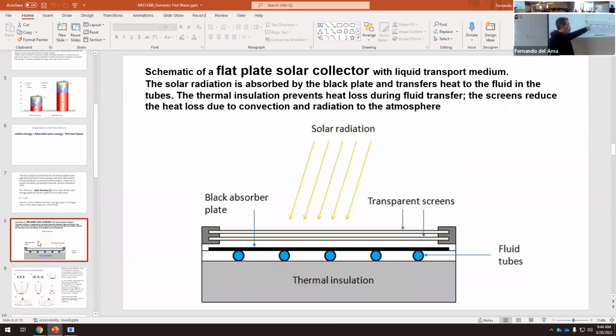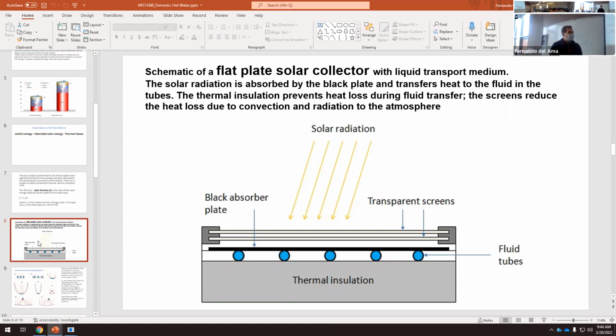We have a plate made of aluminum, steel, or whatever, something metallic, and then some pipes, and then we weld those pipes to this, and finally we close this with a glass, and then we have a frame holding everything together. This is a flat plate solar collector.